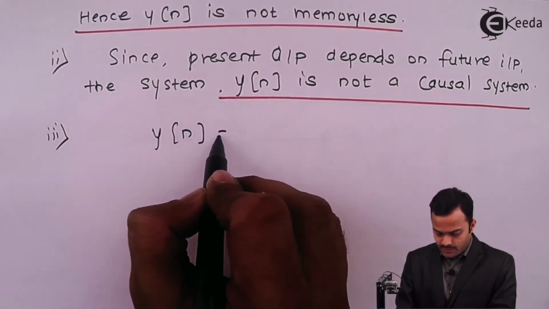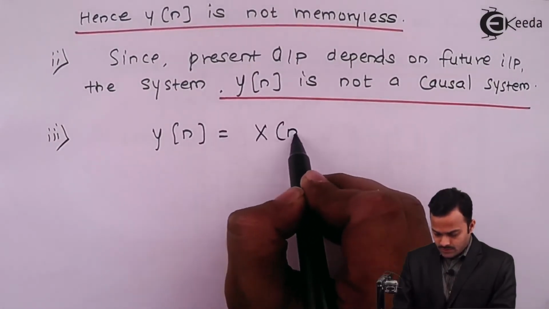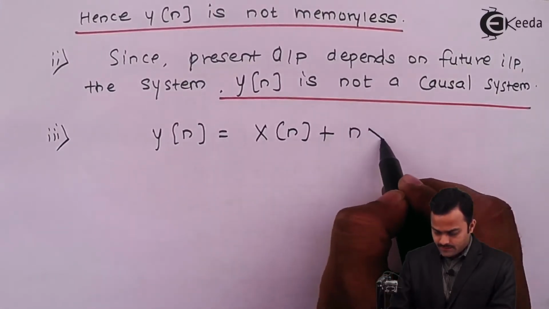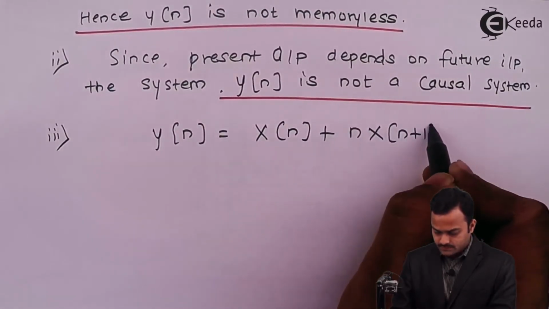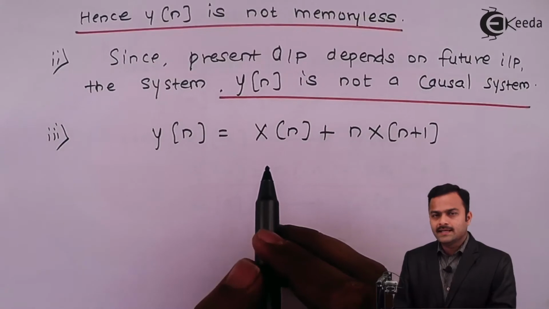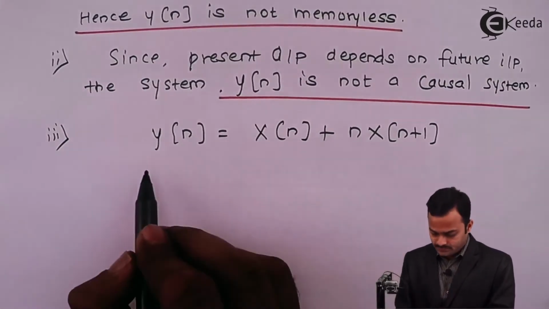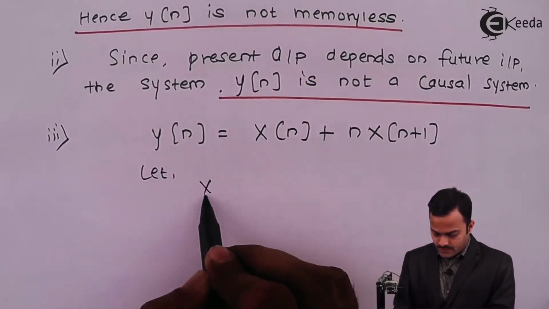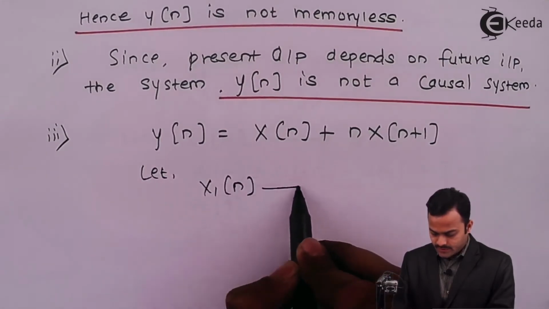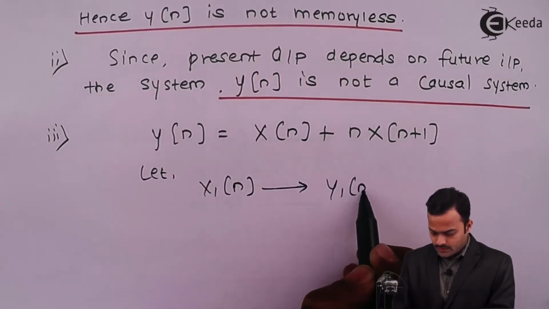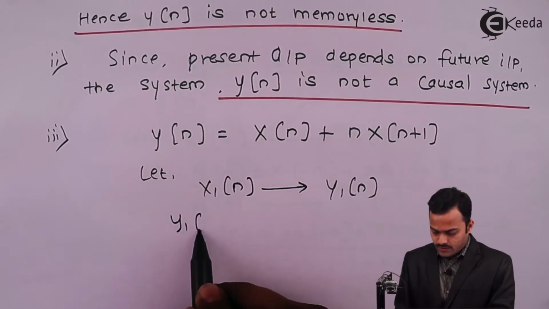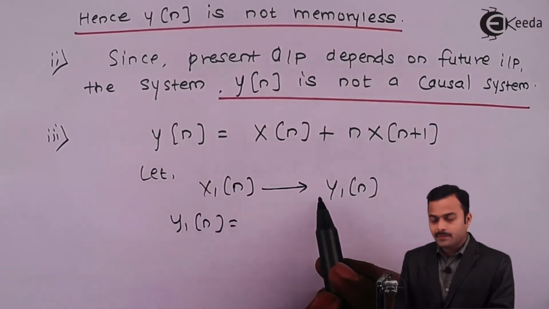System equation is y of n equals x of n plus n times x of n plus 1. To check the linearity, we are going to apply two inputs. So let x1 is applied to the system to produce y1, and y1 is nothing but, so what is happening inside a system?